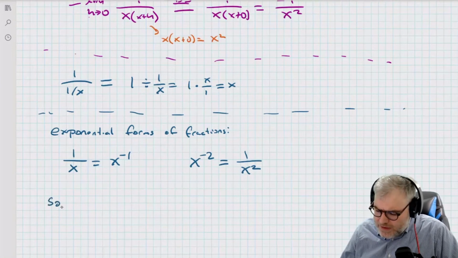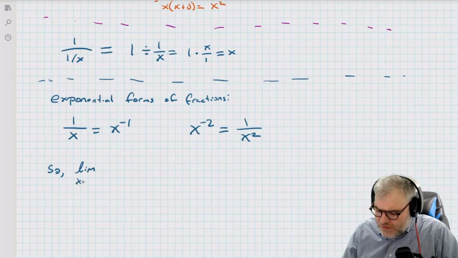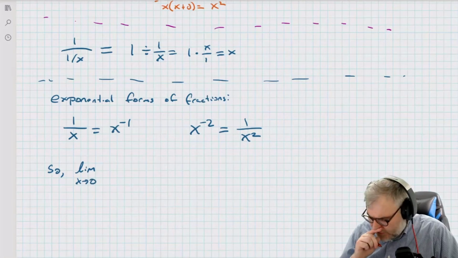So consider the following problem. I want to take the limit as x goes to 0 of, let's see, I got to get it so that it'll wind up being 0 over 0.